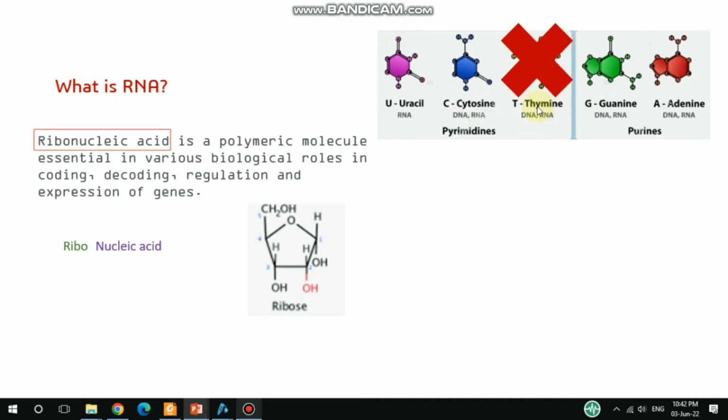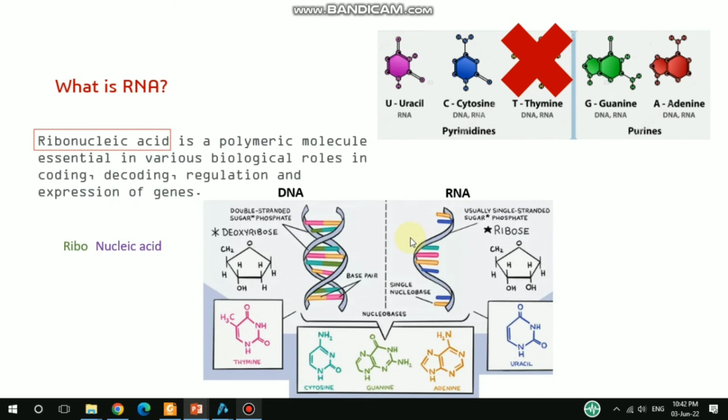Instead of thymine, RNA has uracil. So the main comparison is that DNA is double stranded, RNA is single stranded, and DNA contains thymine but RNA contains uracil. DNA contains deoxyribose sugar, but in RNA the ribose sugar has the oxygen present.